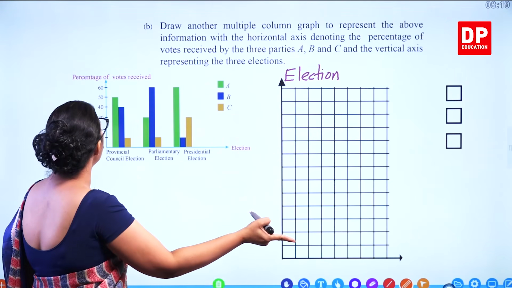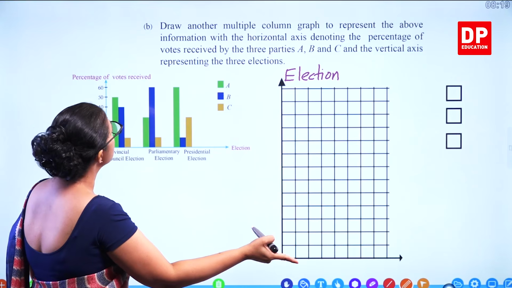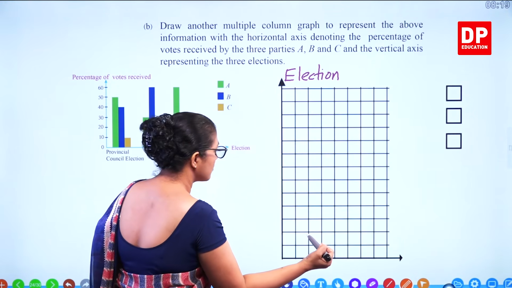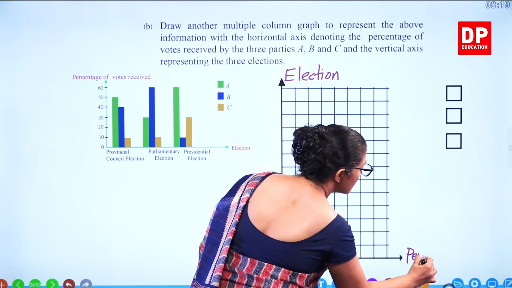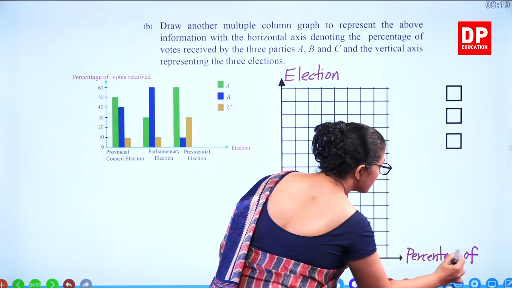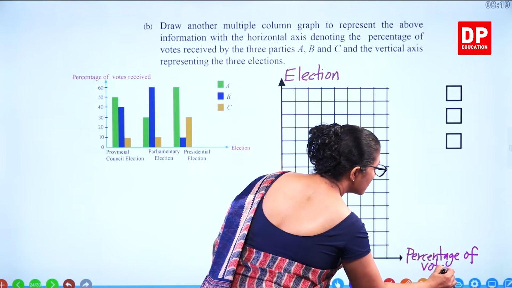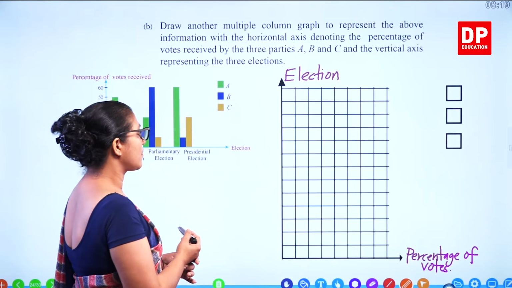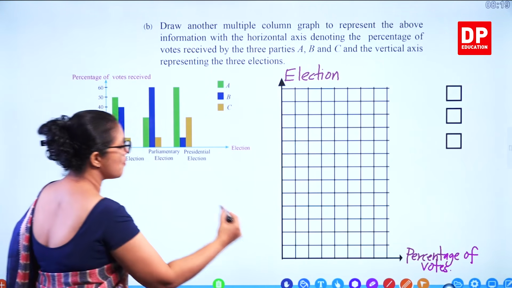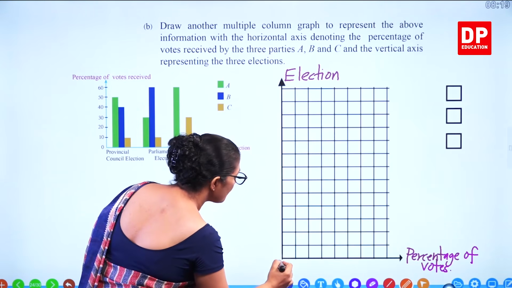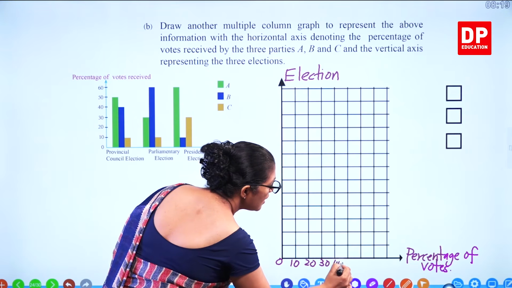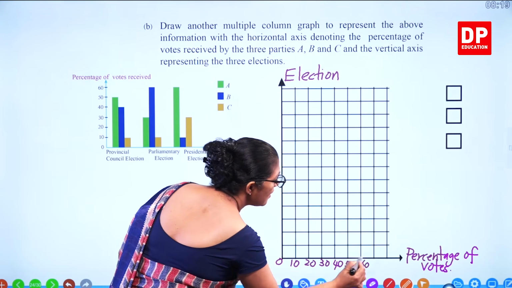And this one is the percentage of votes this side. Now, what's the number here? 60 is the highest number. So we'll label it 10, 20, 30, 40, 50, 60 here.